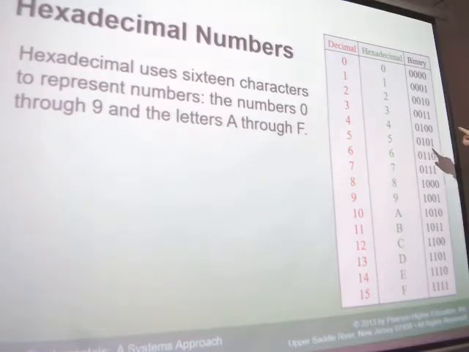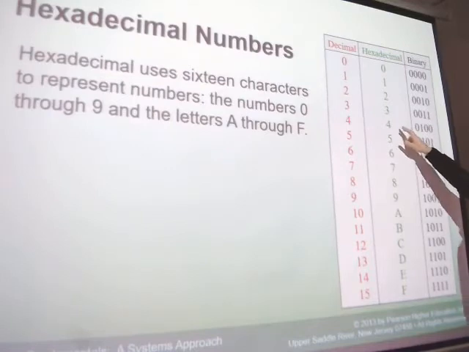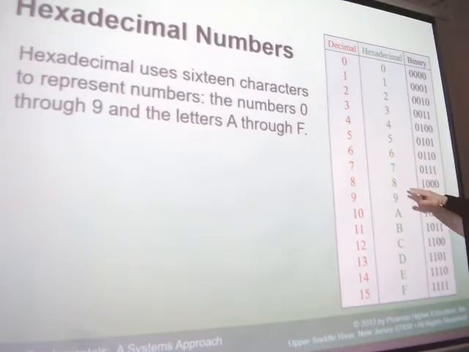And 1's binary number is 0, 0, 0, 1. 2 is 0, 0, 1, 0. 3 is 0, 0, 1, 1. 4 is 0, 1, 0, 0. 5 is 0, 1, 0, 1. 6 is 0, 1, 1, 0. 7 is 0, 1, 1, 1. 8 is 1, 0, 0, 0. Do you find the pattern? Yes, sir. What is the pattern?